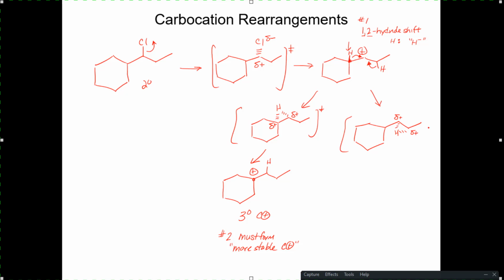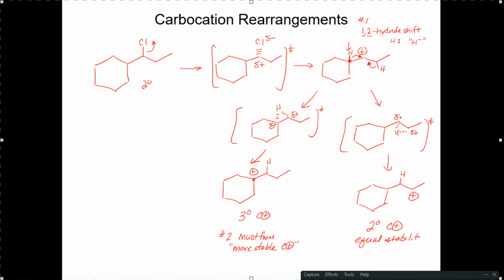So that would be the transition state of that hydride shift, and in the end, we would end up with the hydrogen shifting there and the plus charge shifting here. And so the problem here is this is a secondary carbocation and it's of equal stability.